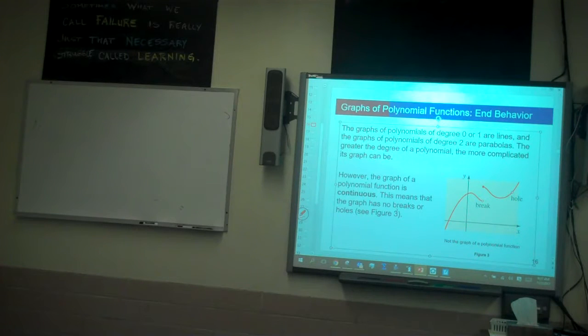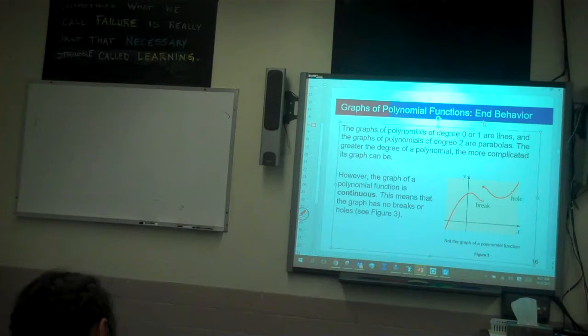And we'll talk about those things as we move on through the rest of the course. But the holes show up because we have division by variable terms. Same thing for asymptotes. We have division by like a binomial or a trinomial or something like that. So polynomials don't ever have any of that kind of stuff, so polynomials are always continuous.